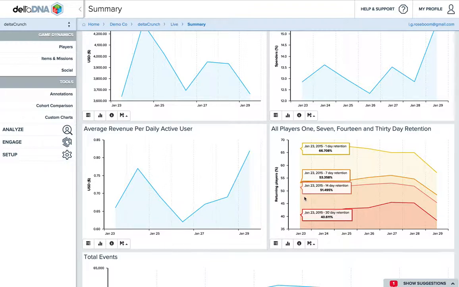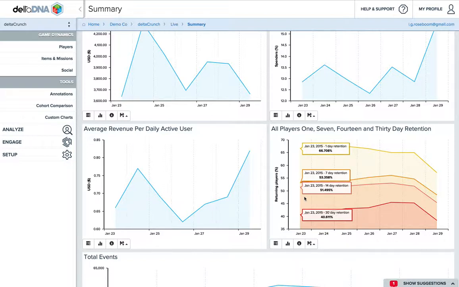So essentially, if you think about day one retention for the all player retention, it's the fraction of people who played today and yesterday, or of the people that played yesterday, the fraction that played again today.